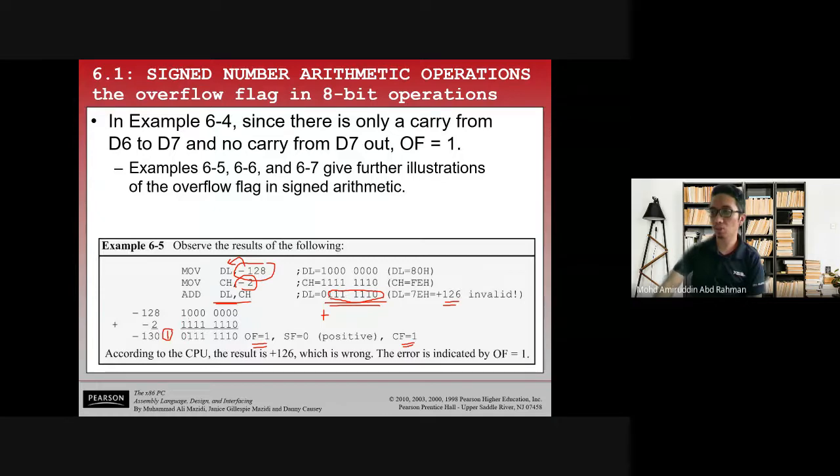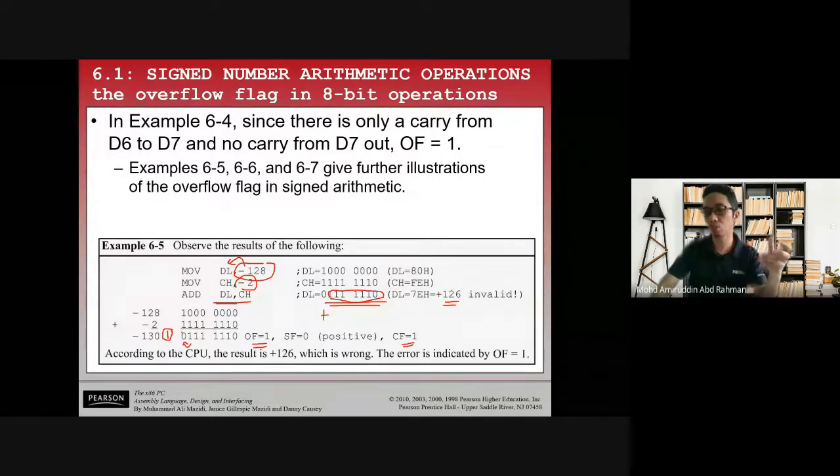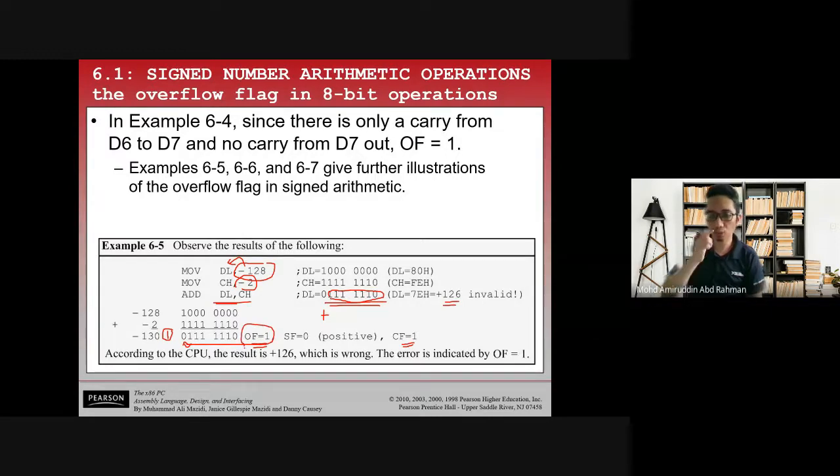Look over here, it is just 1, but there is no carry to D7. So you have a carry out of D7, but no carry between D6 and D7, so you also have OF as 1. This error is indicated by OF.